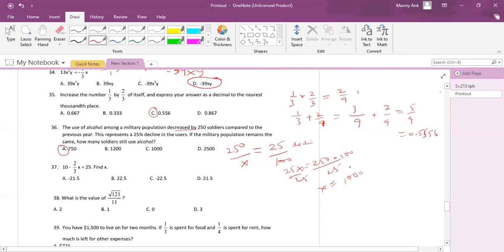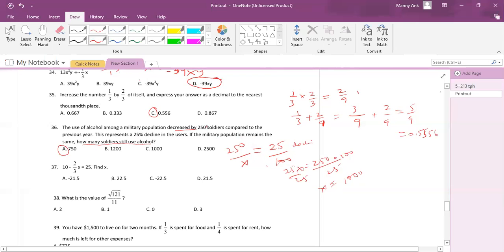So it means that was the total number of soldiers, right? But the question says, if the military population remains the same, how many of the soldiers still use alcohol? So what we set up here helps us find the total number.